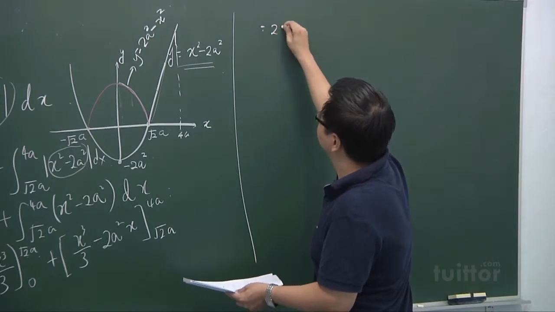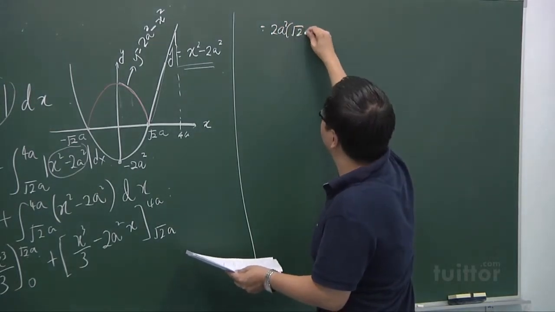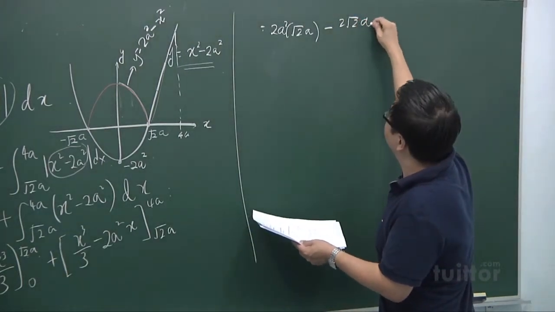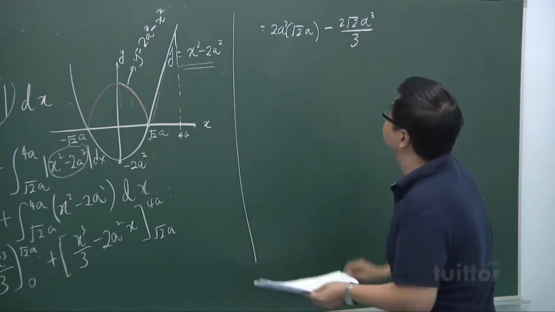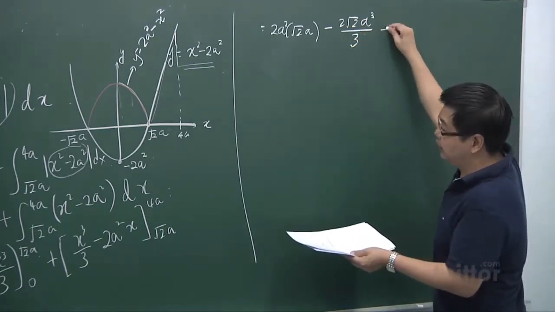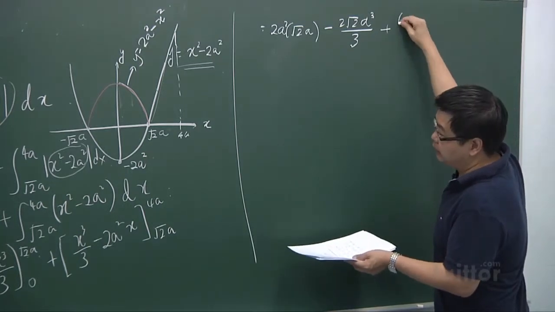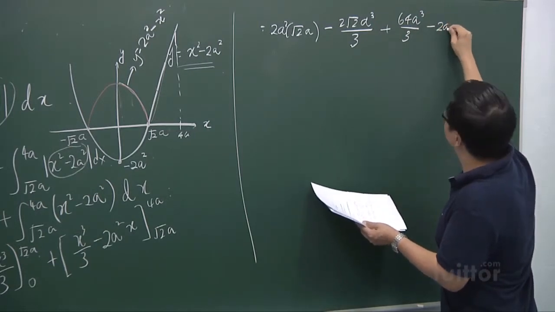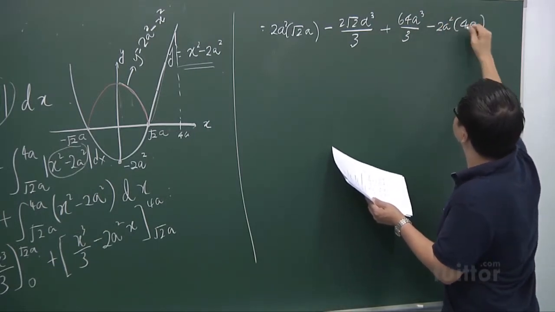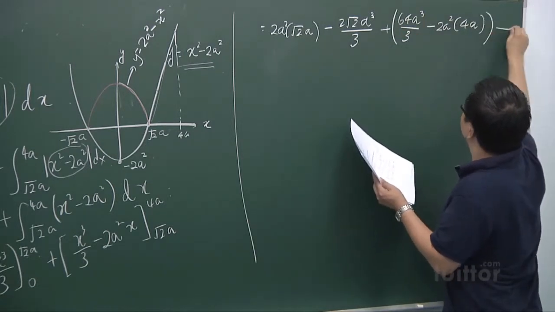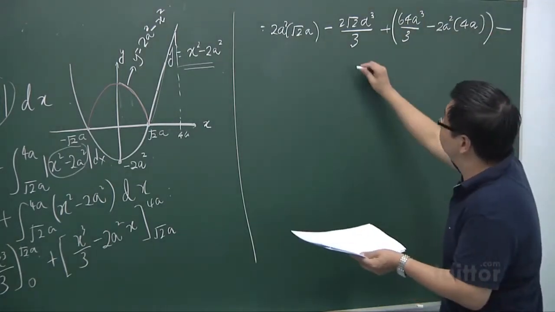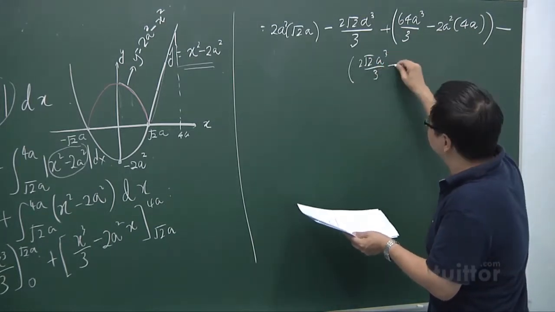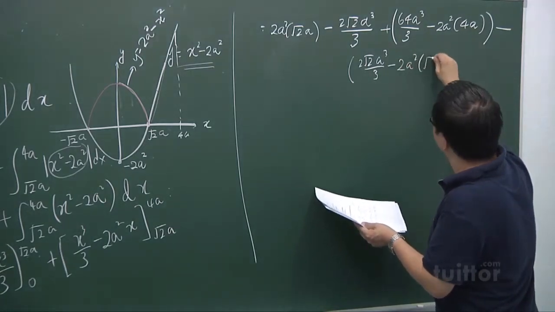We obtain 2a squared times root 2a, minus 2 root 2a cubed over 3. You sub 0, it will be 0. And then you put 4a inside, it will be 64a cubed over 3 minus 2a squared times 4a, minus, sub in root 2a inside, it becomes 2 root 2a cubed over 3 minus 2a squared root 2a.